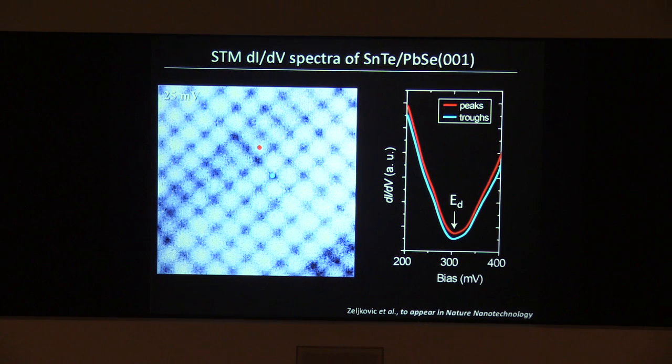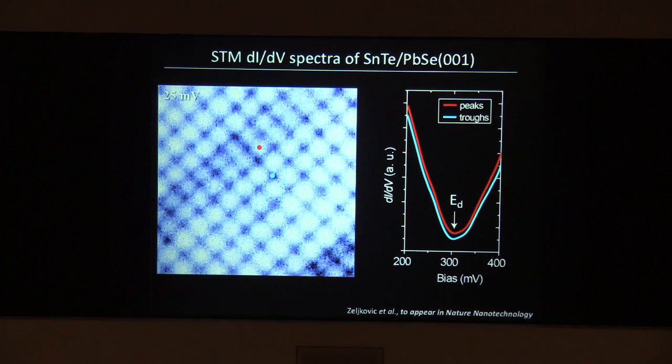Remember in the TIs I showed you, there was a feature, you could track the band structure shift in energy just by looking at features in the dI/dV. Here's dI/dV in two regions, and you can see that the two spectra are identical in the sense that this dip position is the same.